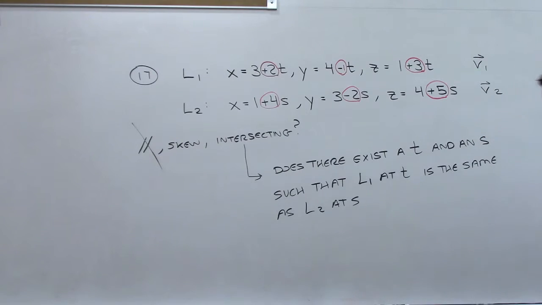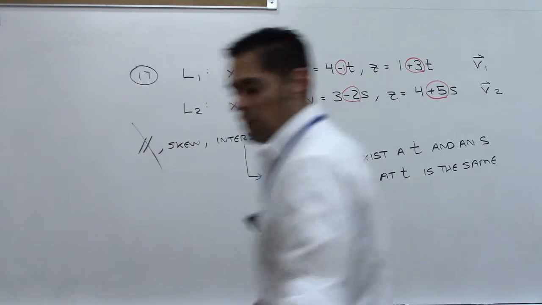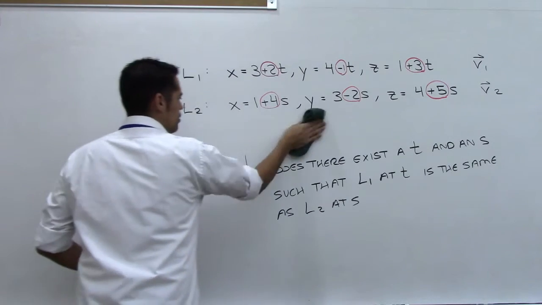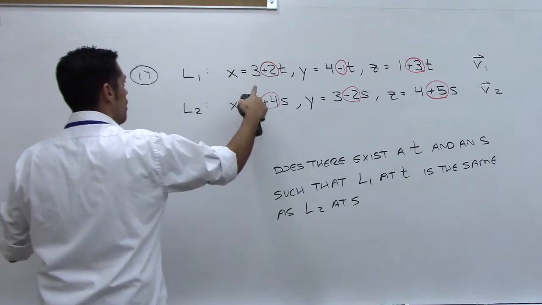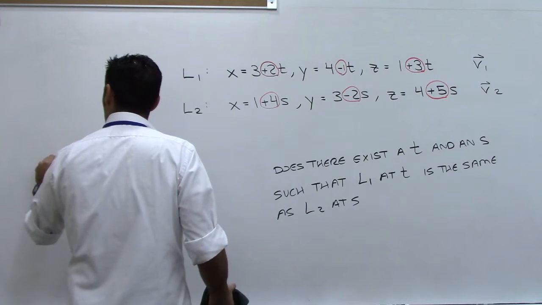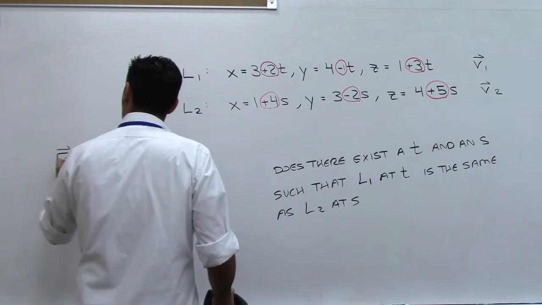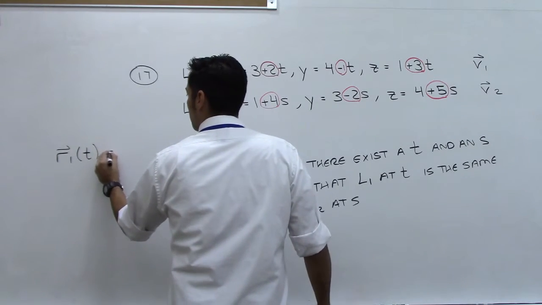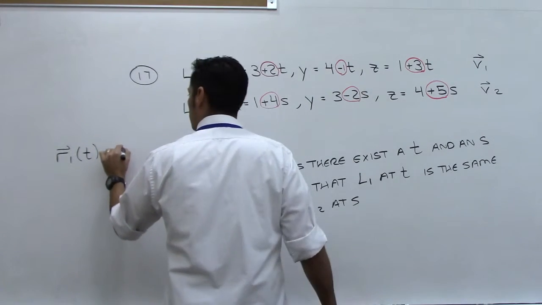Now, I think I'm going to write this a different way. So what I'm going to do is rewrite L1 in a vector form, a vector function. I'm going to call R1 of t, which is L1, this written in its vector form.